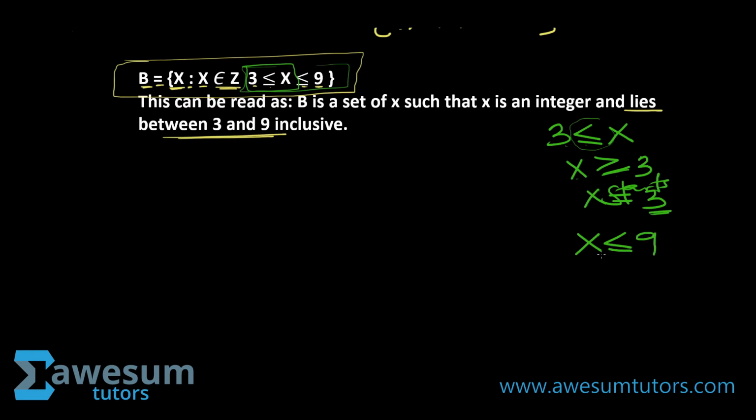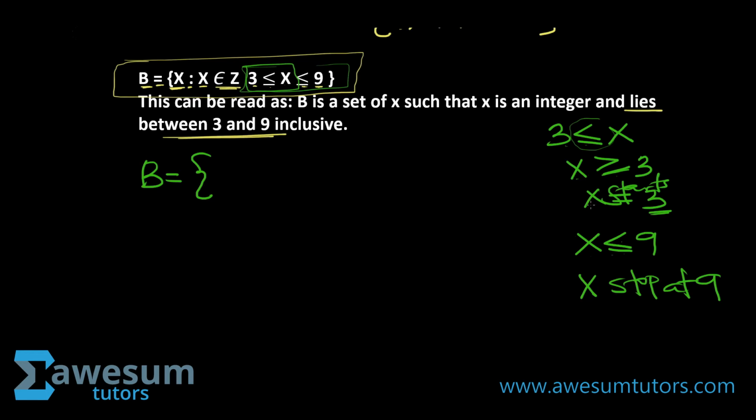Okay? Now, the other part says x is less than or equal to 9. So that means x can be less than 9 or it can be equal to 9. That means x can stop at 9. So if I'm going to list the elements of B right here, remember we said it is an integer, right?